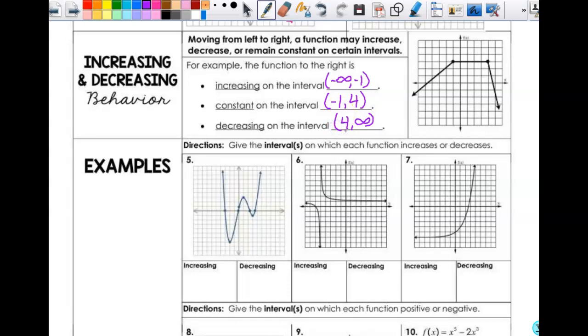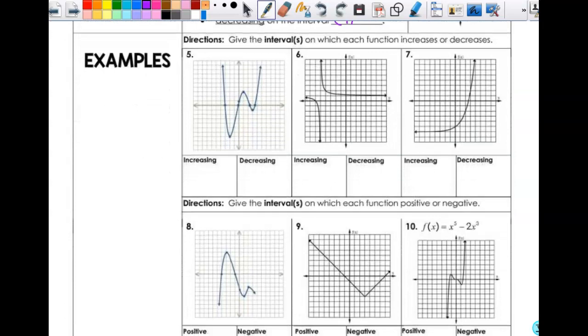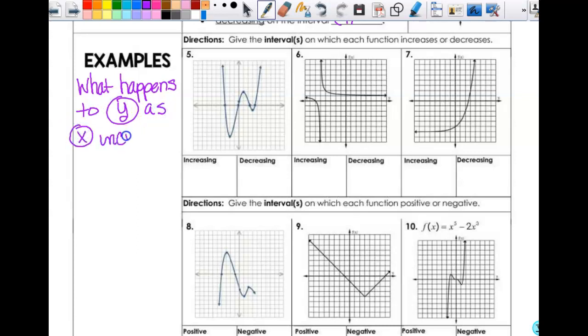So what you may need to remind yourself, because of the mistakes that I see on this, I think you can point on the graph and understand the increasing and decreasing. It's what you are writing down. So the question you have to ask yourself, or really the question that you're answering, is what happens to y as x increases? Okay, so we're always going from left to right when we're talking about increasing and decreasing.